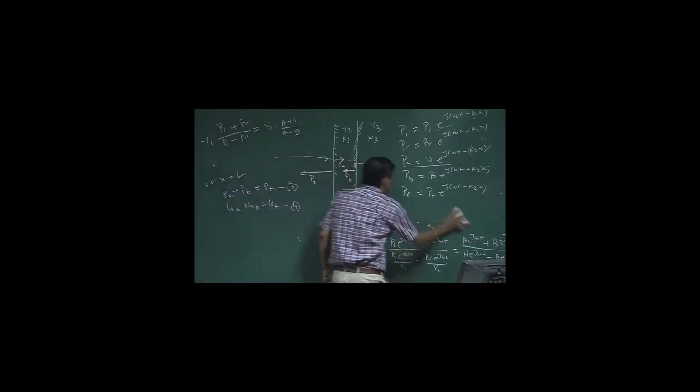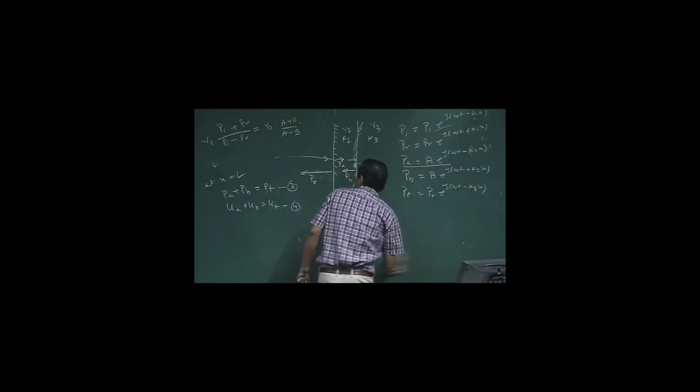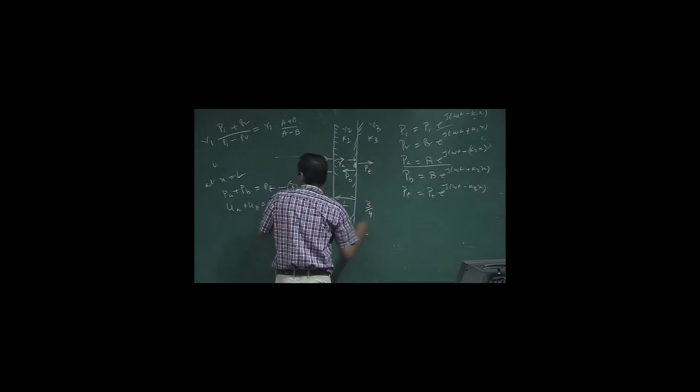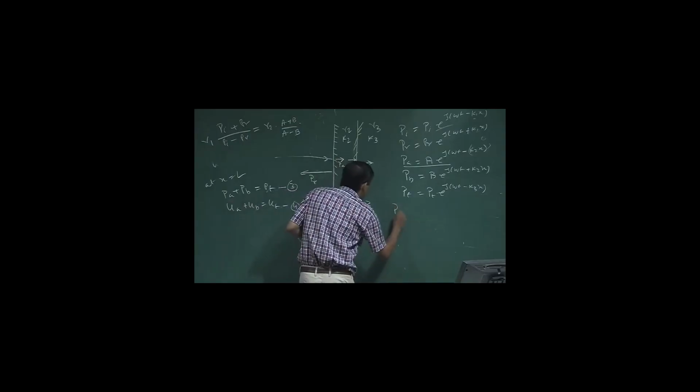Now if I consider x equal to L, I divide equation number 3 by 4. So I get (Pa plus Pb) divided by (Ua plus Ub) is equal to Pt by Ut.